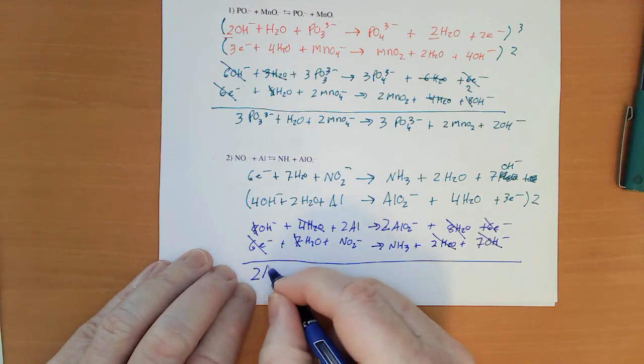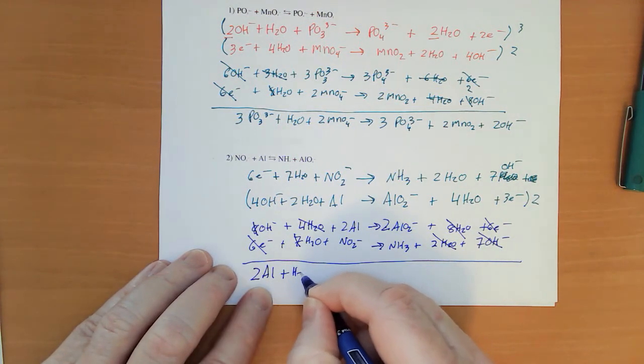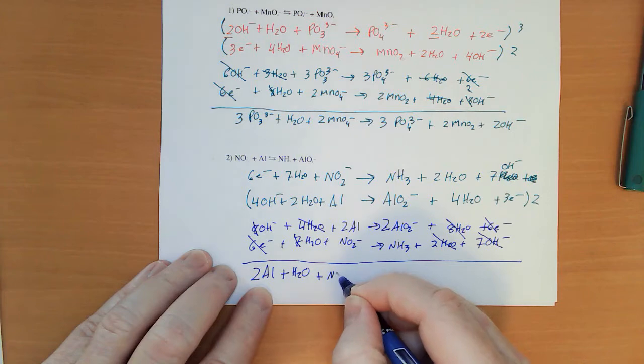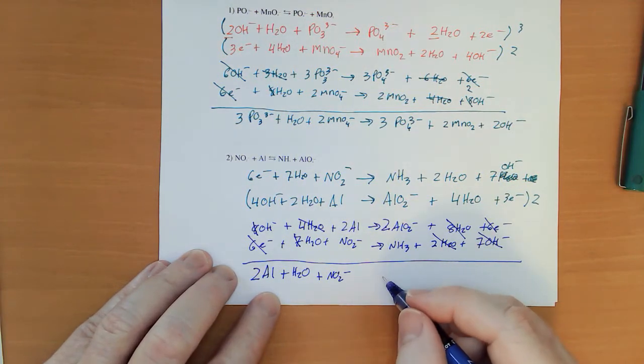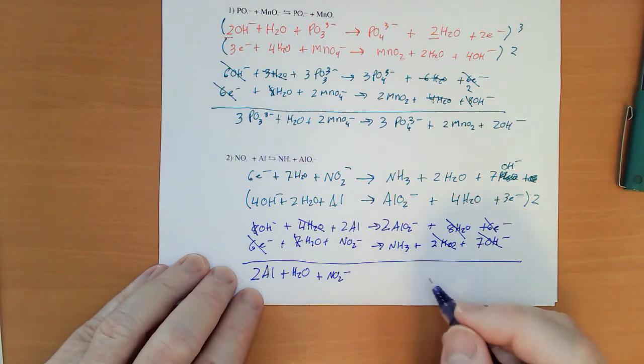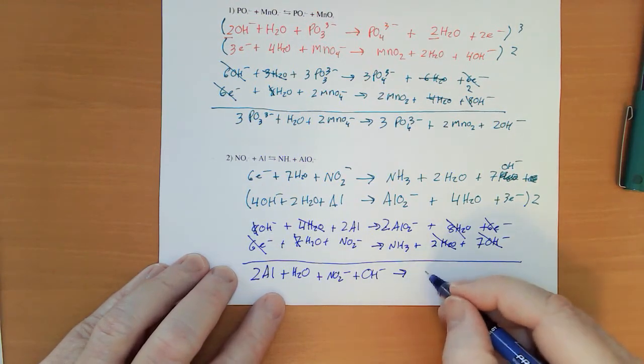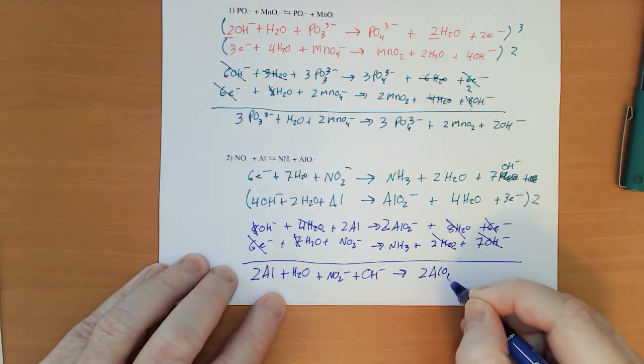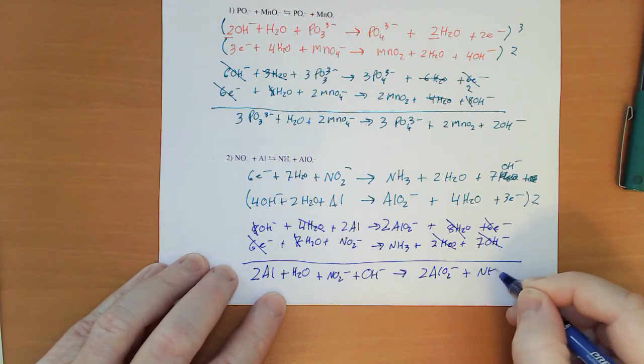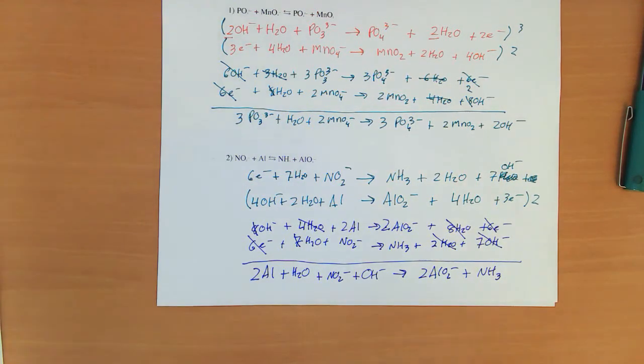So I've got 2 aluminum plus a water plus a nitrite and 1 hydroxide to give me 2 AlO2 minus and an ammonia. Okay. Pause if you have to, get caught up.